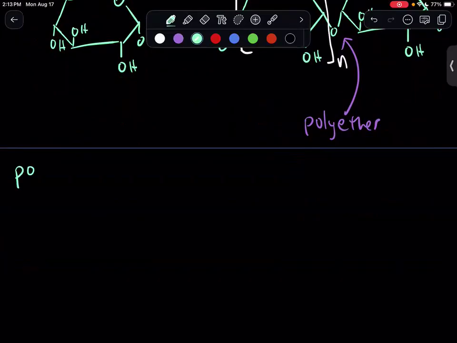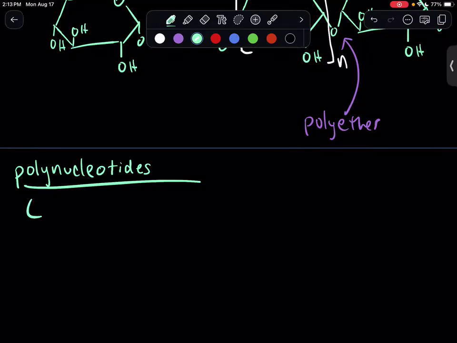So the last one are polynucleotides. Now, these are the ones you actually need to know the least about. Whoops, nucleotides. As I was talking, I forgot how to spell it. So polynucleotides contain three different groups all working together.